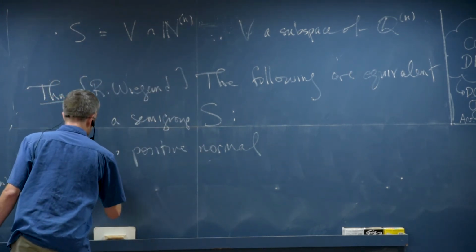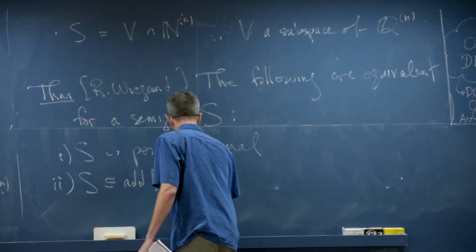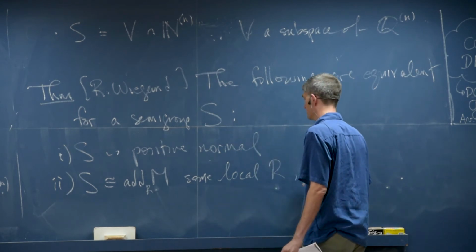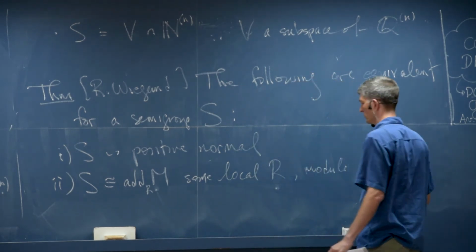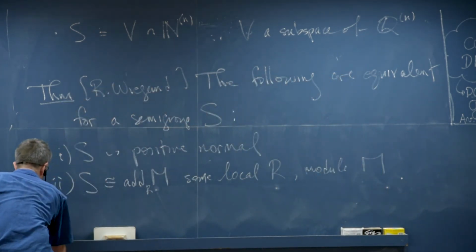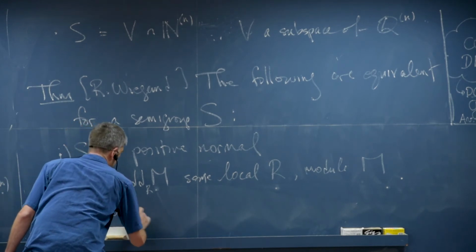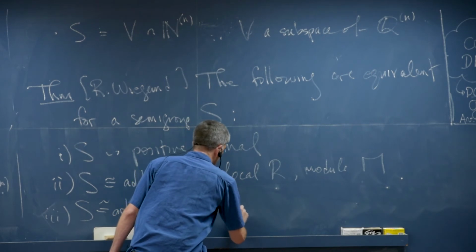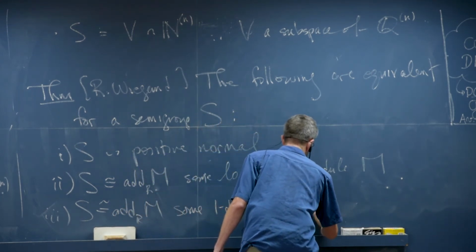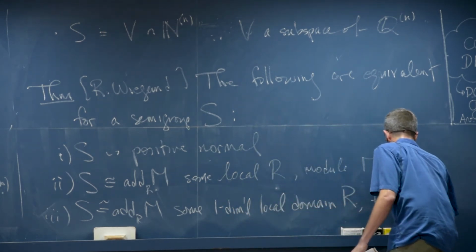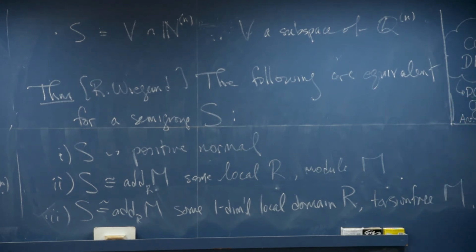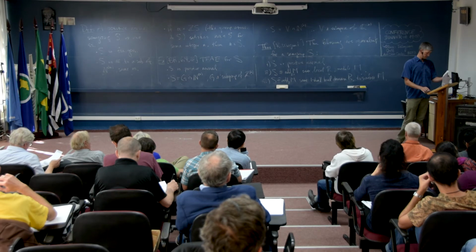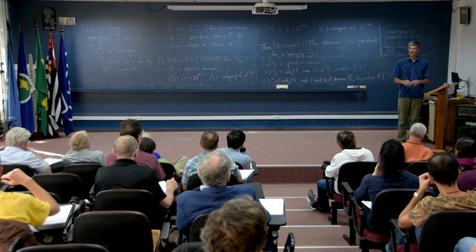Second of all, S is isomorphic to add of M for some local ring R and module M. And third, S is add of M, not just for any local ring, for some one-dimensional local domain R and torsion-free M. So already in this very restricted setting, you get all of the semigroups you could possibly ever get. And I think I'll go ahead and stop here. Thank you very much for your attention.